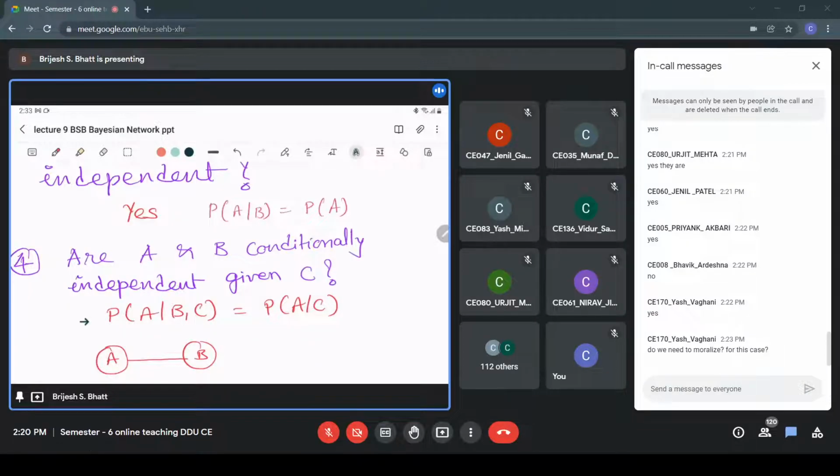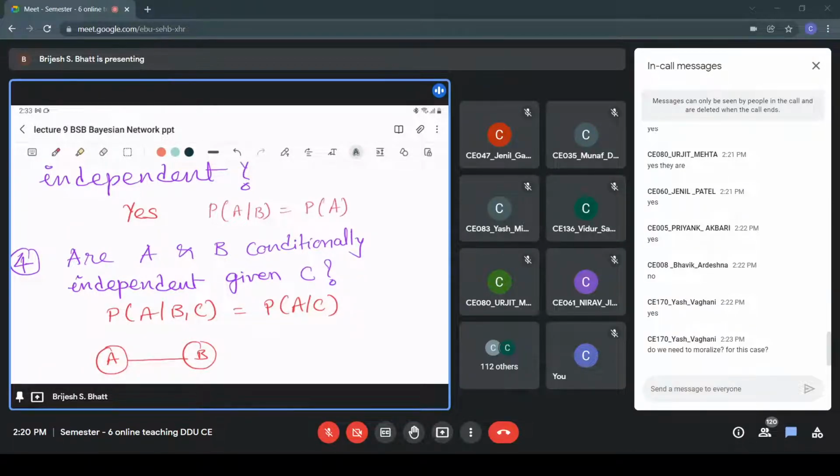If you want to understand this semantically, we can look at our burglary example. Burglary and earthquake are two independent events. So burglary and earthquake were marginally independent. But given that the alarm has rung, burglary and earthquake become conditionally dependent.